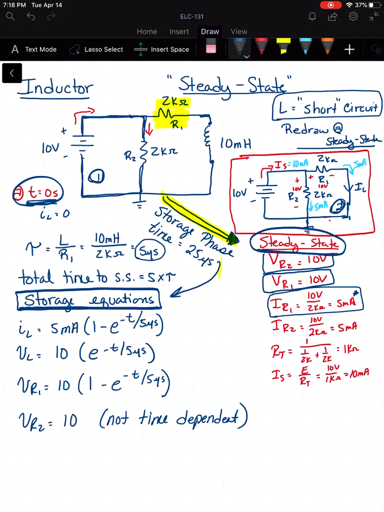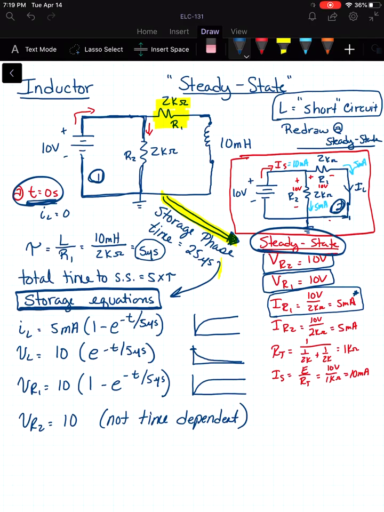And that's where you have your current starting at 0 and going to a maximum. And same thing for the voltage across the resistor that's in series with that inductor. Your voltage across the inductor is doing the opposite. It's going to start at a maximum and go down as it becomes a short circuit.